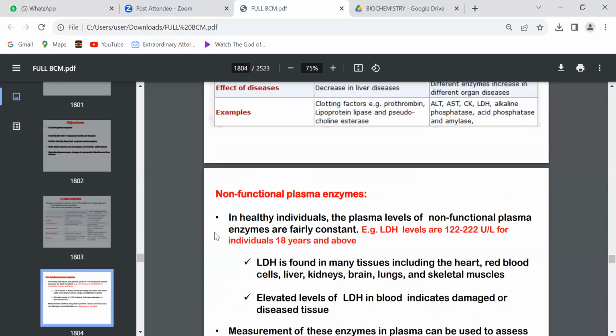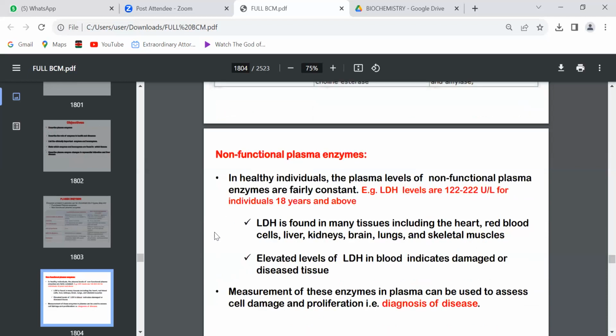For non-functional plasma enzymes in healthy individuals, the plasma levels are fairly constant. For example, for LDH, the levels are between 122 and 202 units per liter for normal adults.